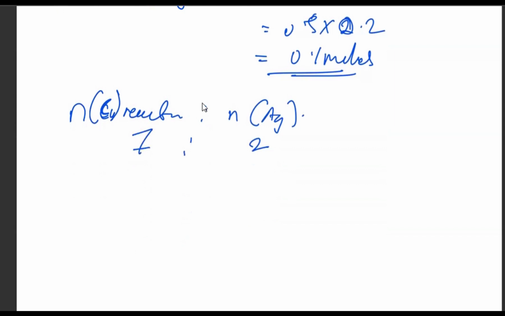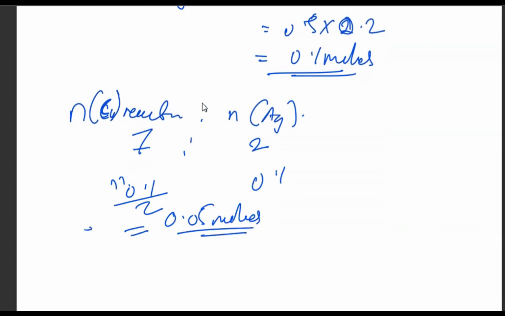So I will have to divide 0.1 by 2, which gives me 0.05 moles. So this is the number of moles of copper which reacted.